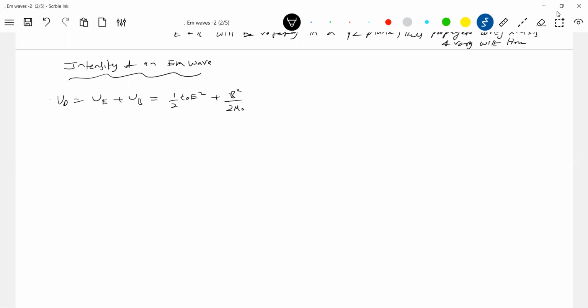But we know a basic idea: what are these waves? They are varying sinusoidally. Whenever a quantity varies harmonically, we express RMS values. So the same energy density is expressed with RMS values.